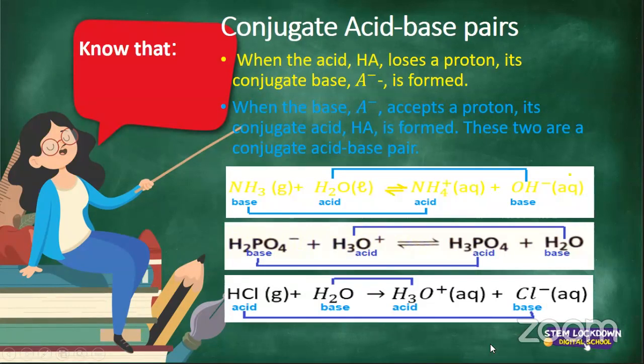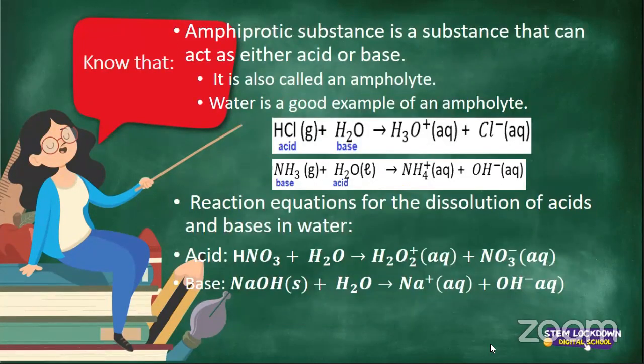Right, like I've already explained, an amphiprotic substance is a substance that can act either as a base or as an acid. It is also called an ampholyte.